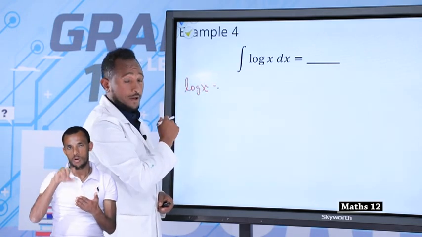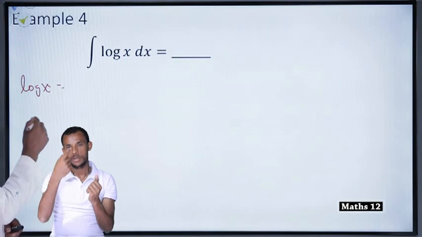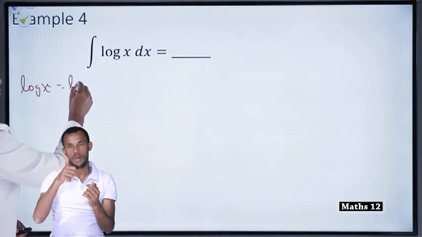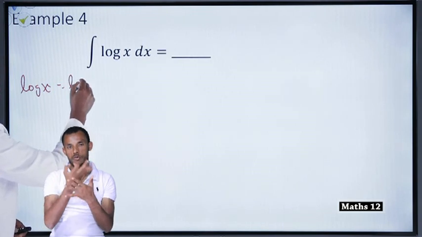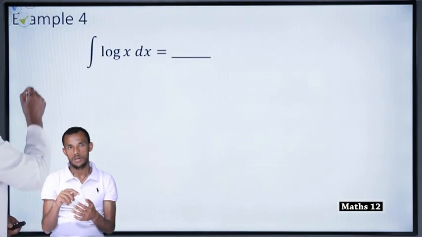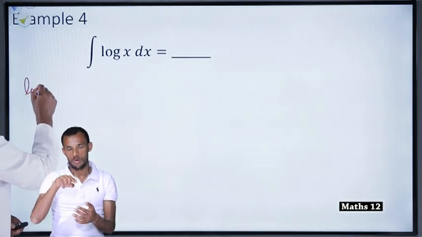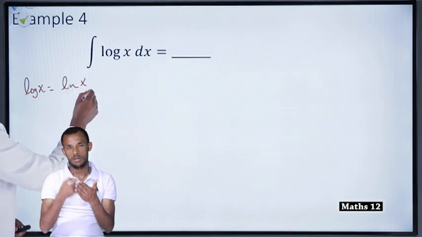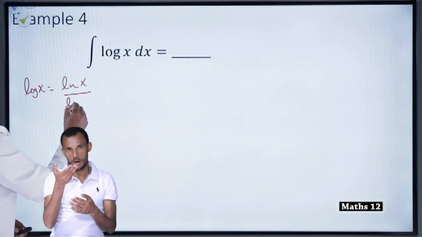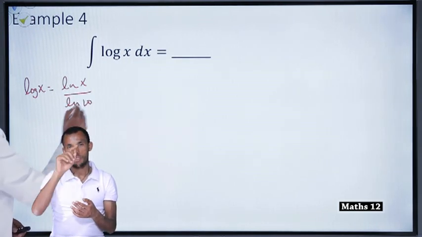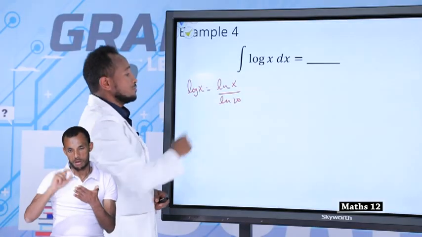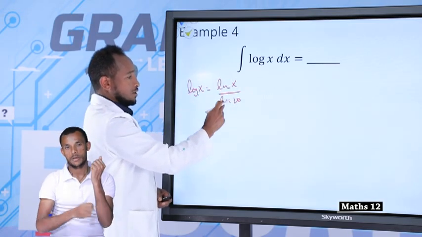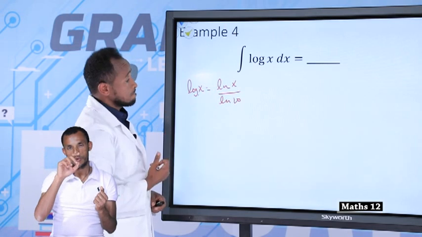The logarithm of x to the base 10 can be written as ln x over ln 10, just by giving the same base, that is, logarithm of x to the base e over logarithm of 10 to the base e.